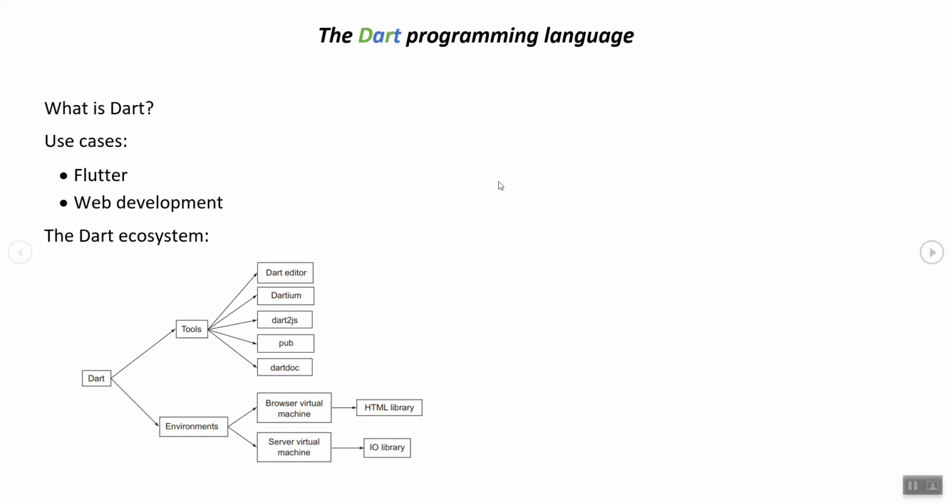And in that year, Google wanted to introduce a programming language that can be used in web development and in their browsers. And the mission was to gradually overtake the web development world that was under the control of JavaScript with Dart.